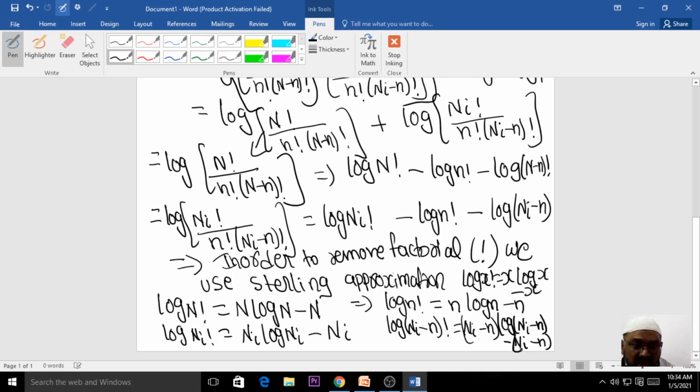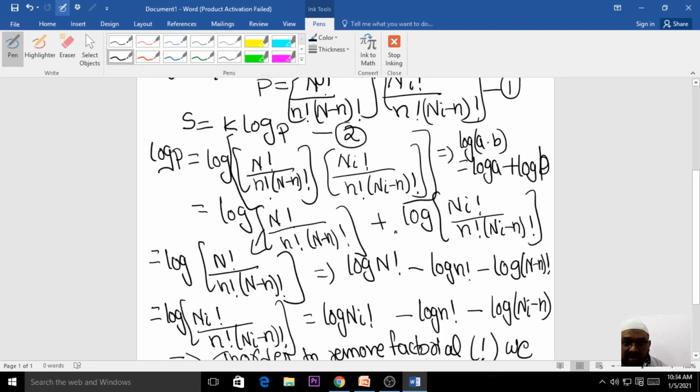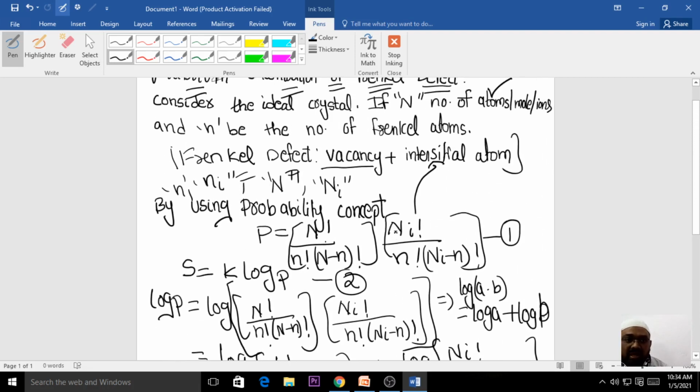Now this is the value you get for this term. This is the expansion you need to do while expanding the terms represented with factorials. I think this is the way you have to start with the Frenkel defect.